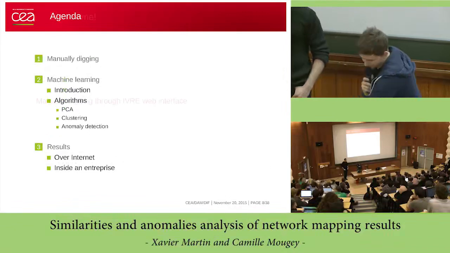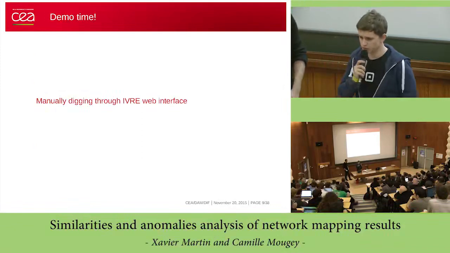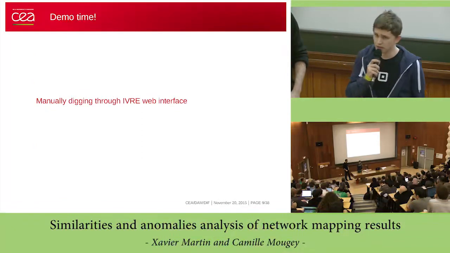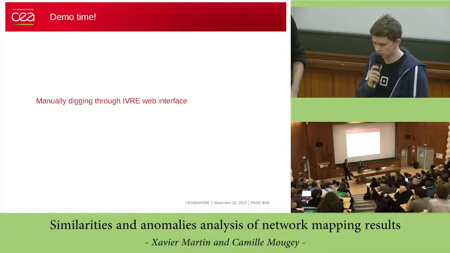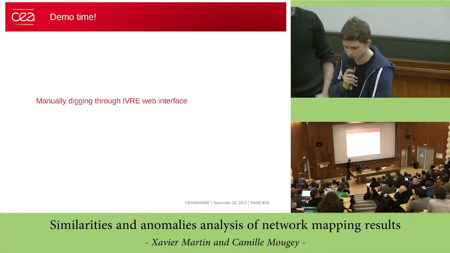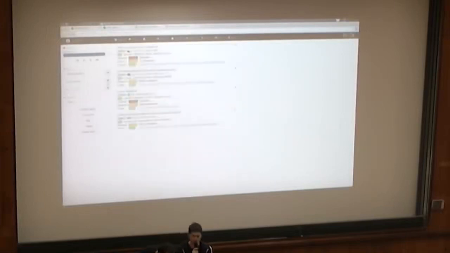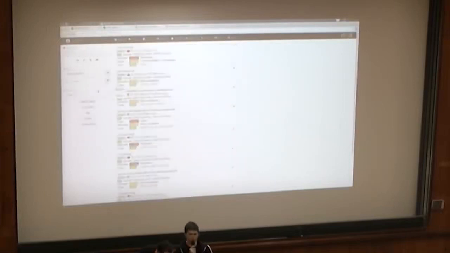I just want to introduce a manual digging and show you what we can obtain without the work we've done. So this is the web interface of IVRE. There is a workshop on IVRE, so I won't spend much time on it.